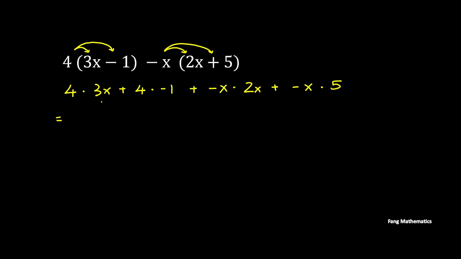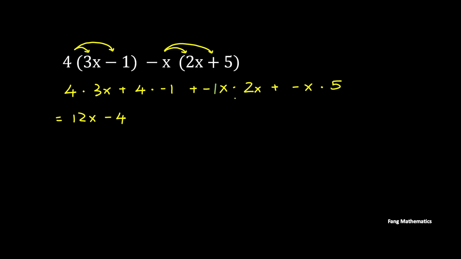So let's look at the first. You have 4 times 3x. So 4 times 3 gives you 12, and attach your x. And 4 times minus 1 gives you minus 4. And we have minus x times 2x. We have an invisible 1 attached to x, and we are to deal with the numbers first.